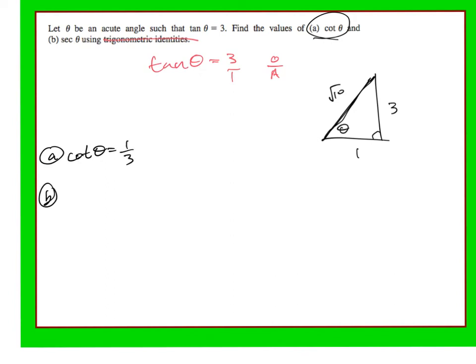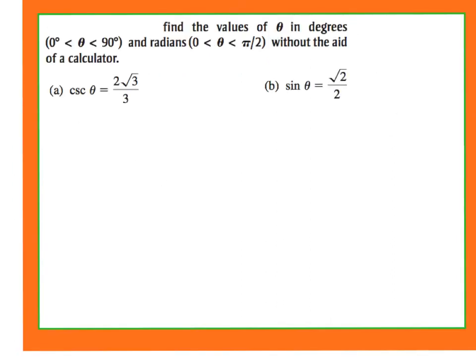And then part B, it says find the secant of theta. This is where a picture is very helpful. All right, secant's a what? Secant's a ha. So it's hypotenuse over adjacent. So what's my hypotenuse? Square root 10. My adjacent is 1, so we can just usually call that square root 10. All right, pretty good.